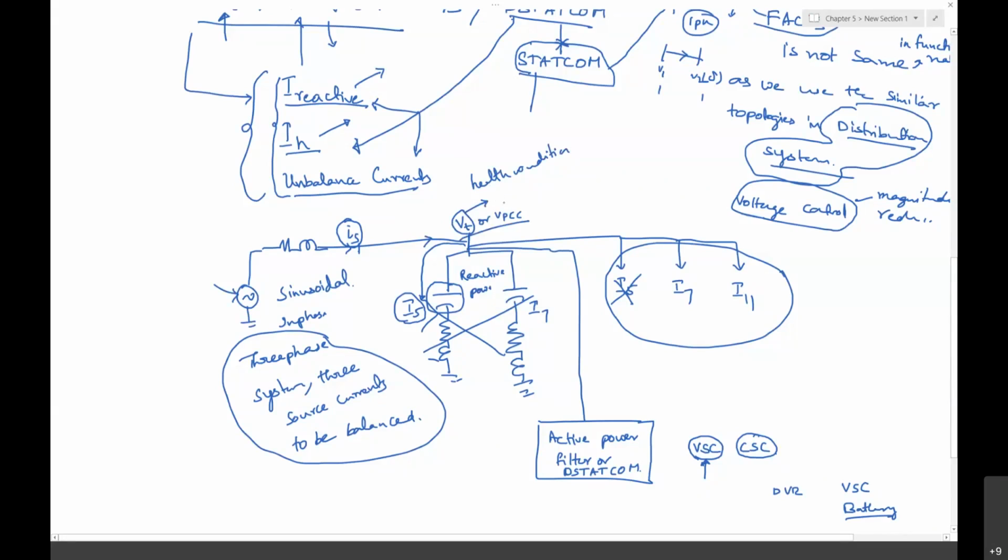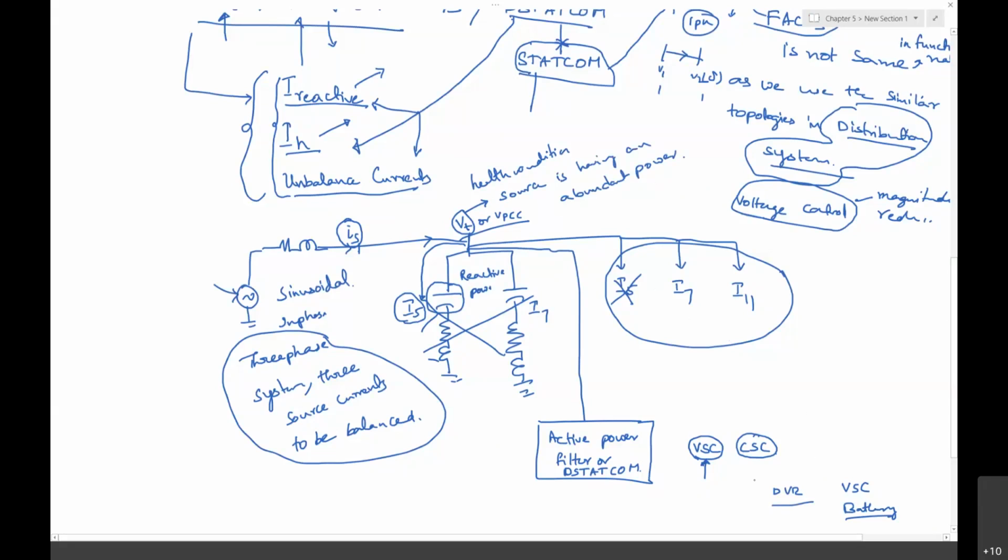The source has abundant power. Okay, there is no power shortage. Earlier, in the case of a DVR, the source itself was in a weak condition in terms of delivering power to the load.